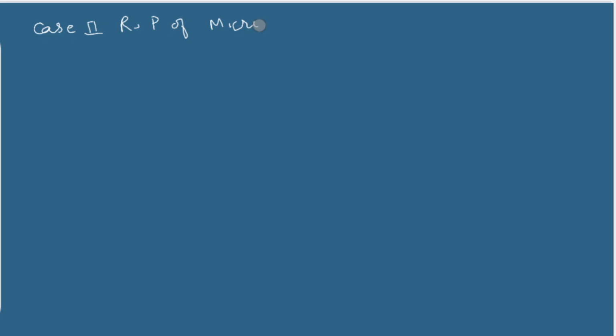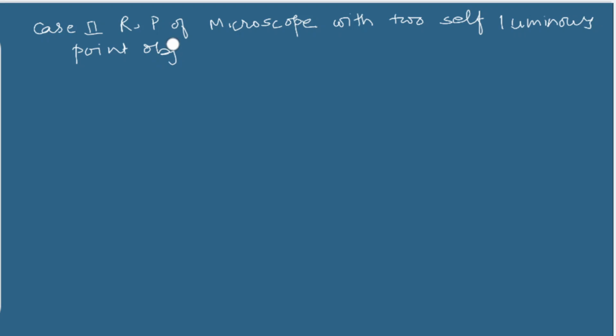with two self-luminous point objects. Now if these two points are self-luminous, then what will be the resolving power of microscope?